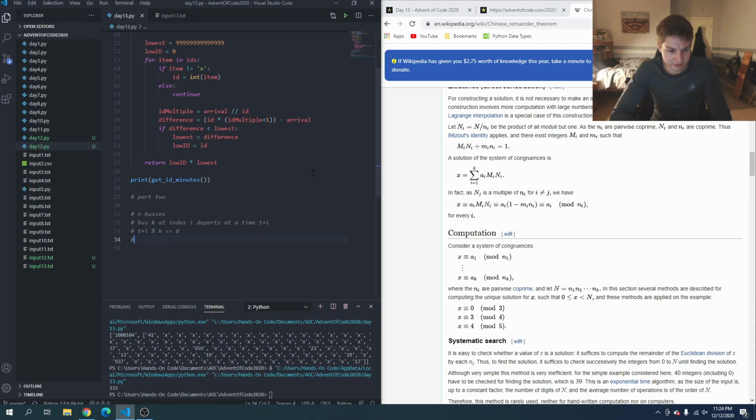So I guess we can say here, doing some modular arithmetic, t mod k is going to be equal to -I.